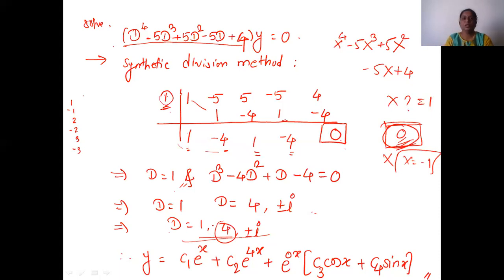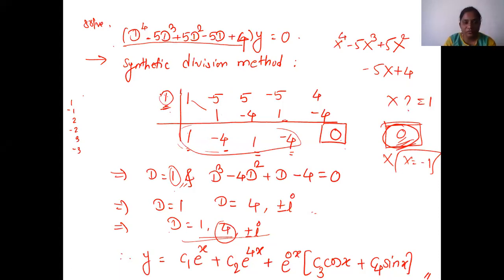Good. This is how we get the root on the calculator, but we have to put it in synthetic division to find the remaining equation. So synthetic division is a must, but your job will be reduced.